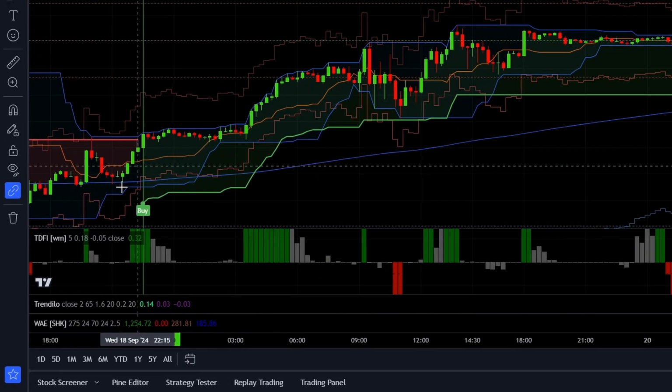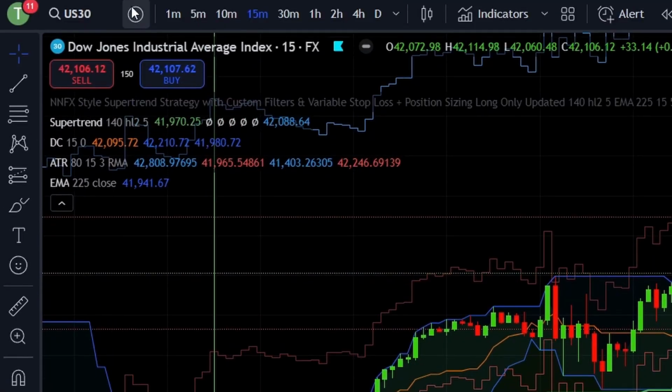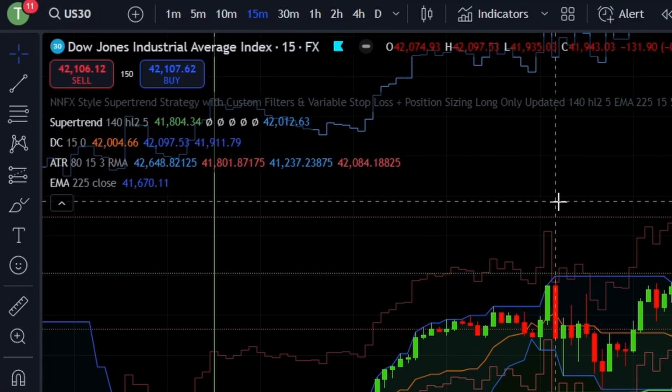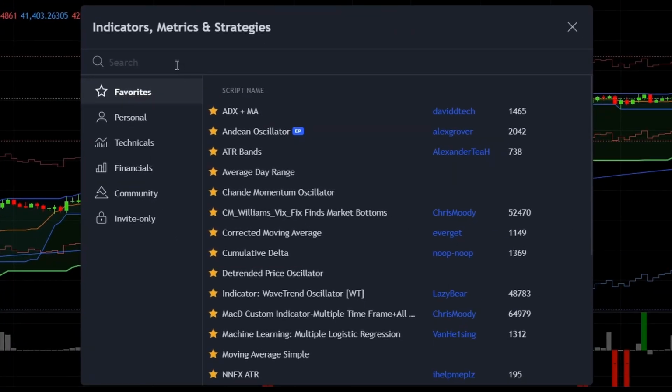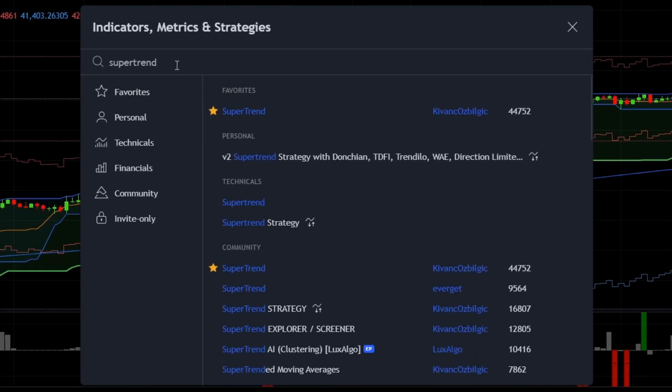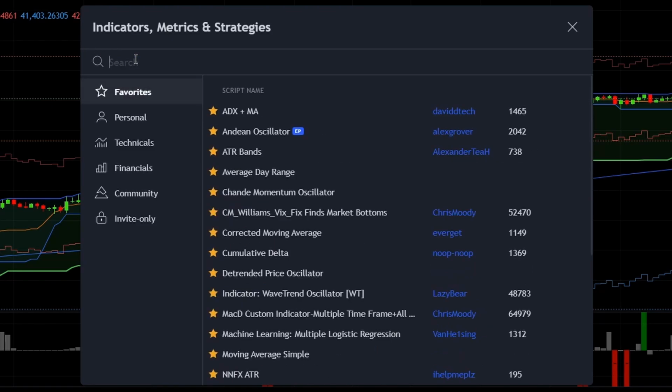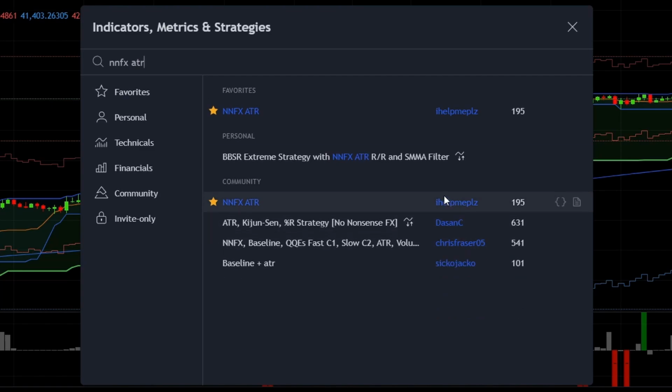Okay, first open up TradingView and set up the US30 15-minute chart. Once you got that, let's add our indicators. First of all, our entry signal indicator, the super trend. Add this one. Then our stop loss and take profit placement, the NNFX ATR. Click on this one.